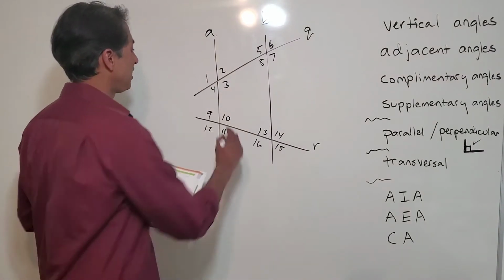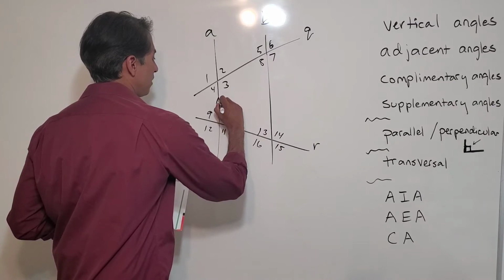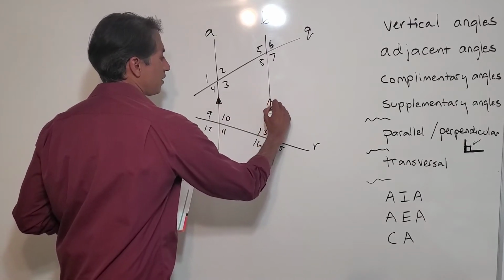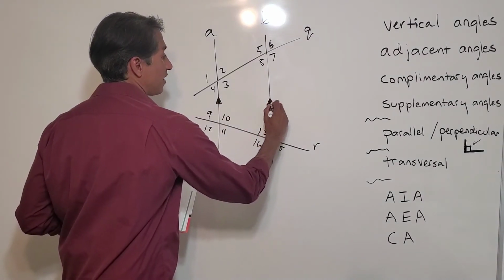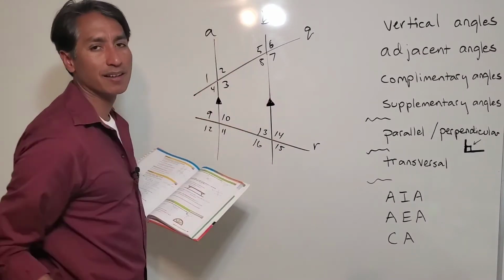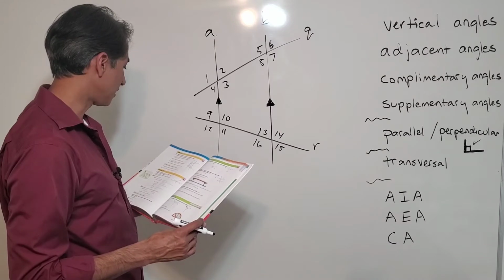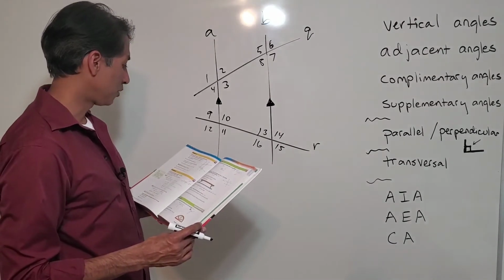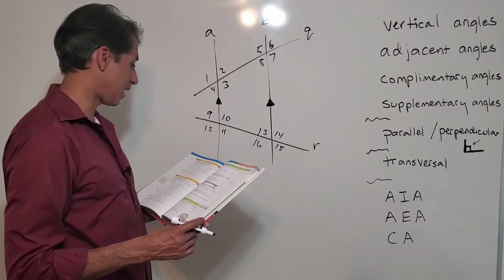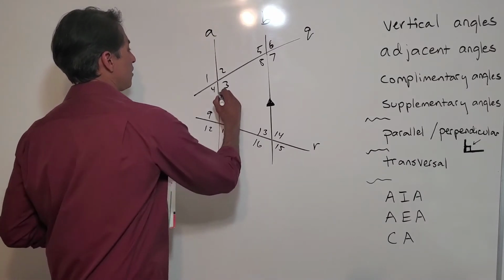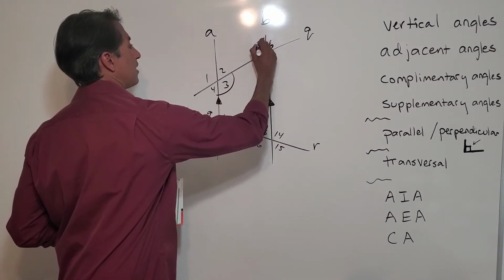And then sometimes you'll see these little arrows, like this one puts them in red. Really what they're trying to show you is that the lines are both going up. You don't need that right now, so don't worry about it. It says classify the relationship between angle 3 and 5. So this guy and this guy.